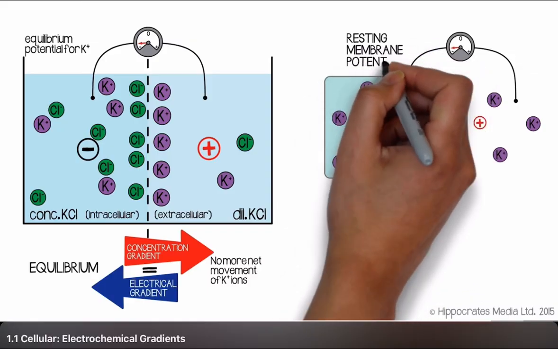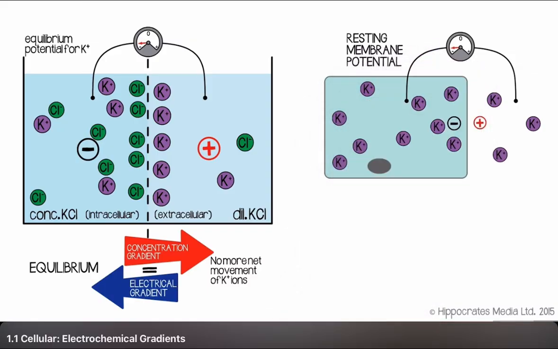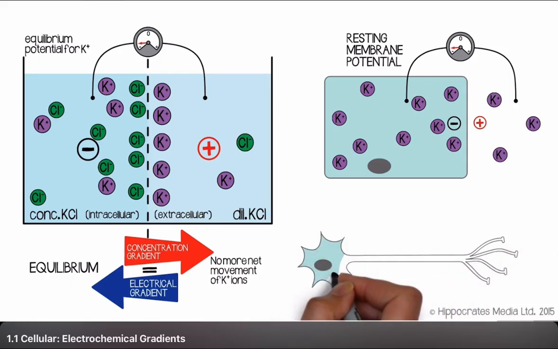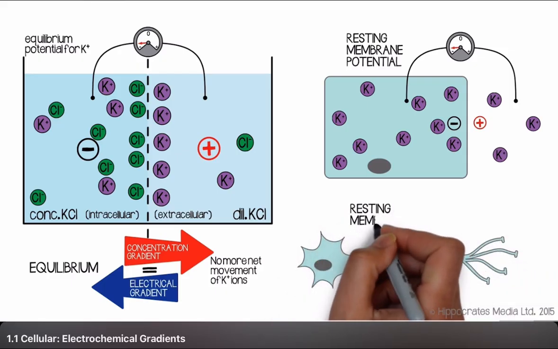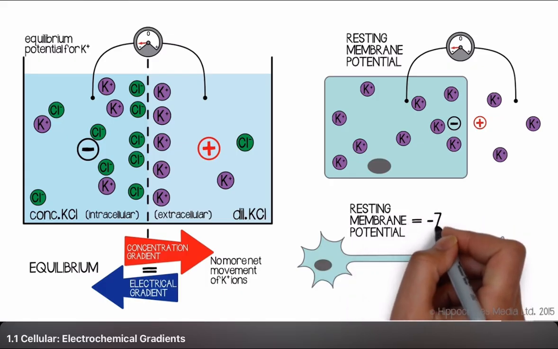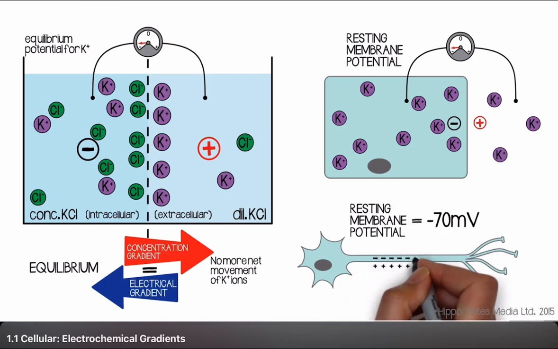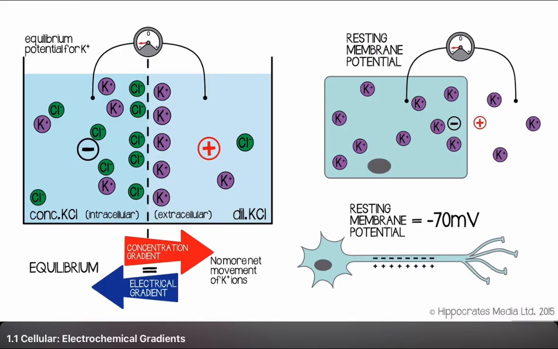Now, in the case of a real cell, that potential difference is called the resting membrane potential of the cell. And in a real nerve cell, the resting membrane potential takes a value of minus 70 millivolts. It's always presented as the inside relative to the outside. So minus 70 because the interior of the cell is more negative than the extracellular fluid on the outside.